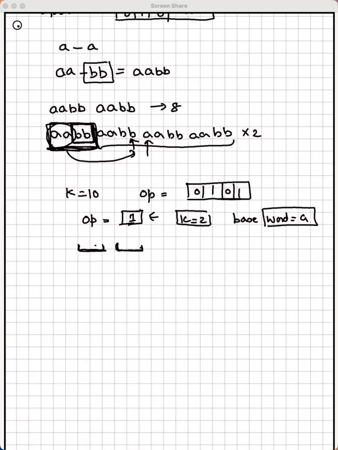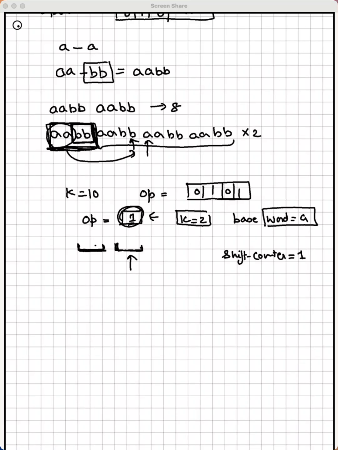So what I can do is split this into left and right. Now I know that my word exists here. If my word exists here, what I will do is I will look at the change that I made to get to this point. The change that I made to get to this point was a shift. So let's say I have a shift counter that gets incremented by 1.